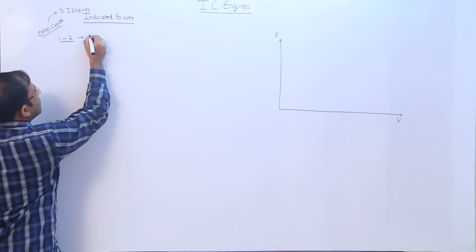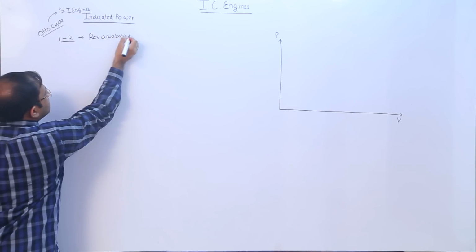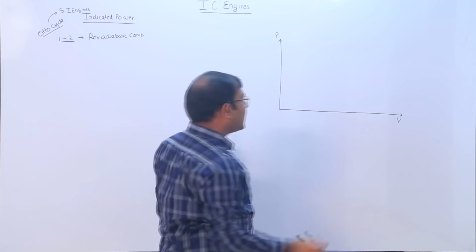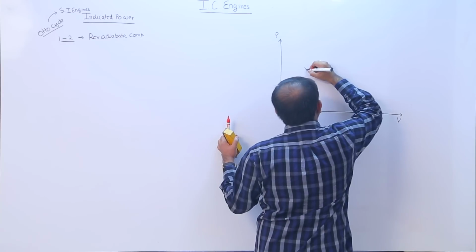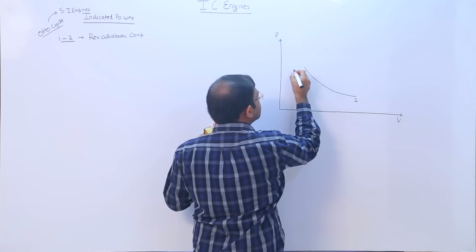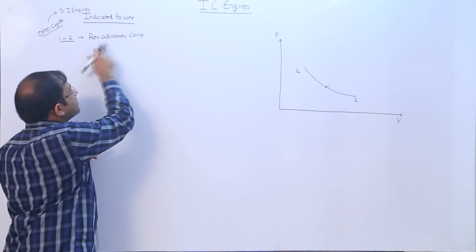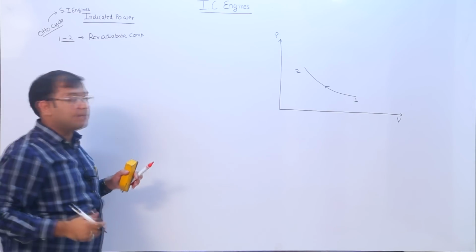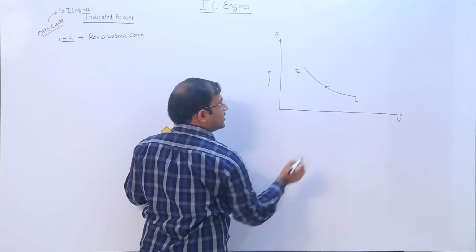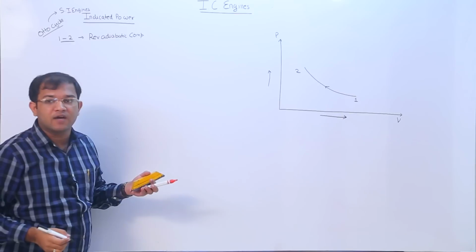The first process is that of reversible adiabatic compression. And if I plot reversible adiabatic compression, the curve will be something like this on a PV diagram. This is our initial state, this is our final state, and 1 to 2 represents your reversible adiabatic compression. Why compression? See, when we are going from 1 to 2, the value of pressure is increasing and the value of volume is decreasing, and this is nothing but our compression.